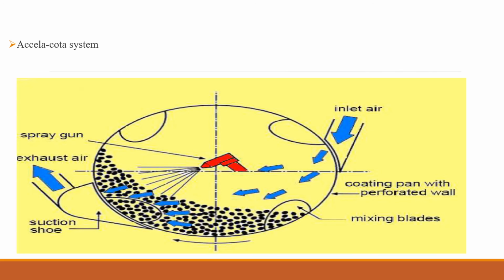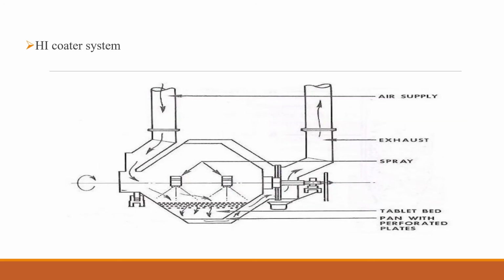In the Accela Cota system, inlet air is passed, then mixing blades are there, and the tablet is placed, and one spray gun is introduced into the coating pan, and air is passed through it. So here also coating is possible. Okay, so next is the Hi-Coater system.